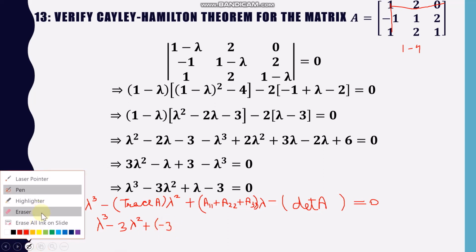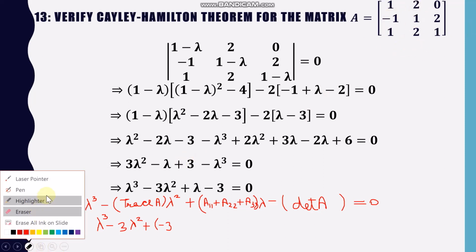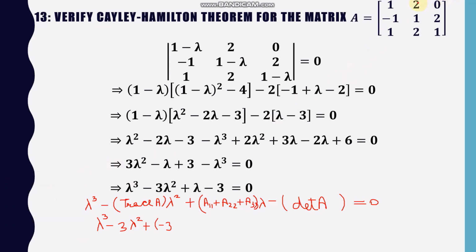Now let's see for A22. What is the cofactor for A22? For A22, you remove this row and this column. So it is 1 multiplied by 1, 1 minus 0, we get 1.